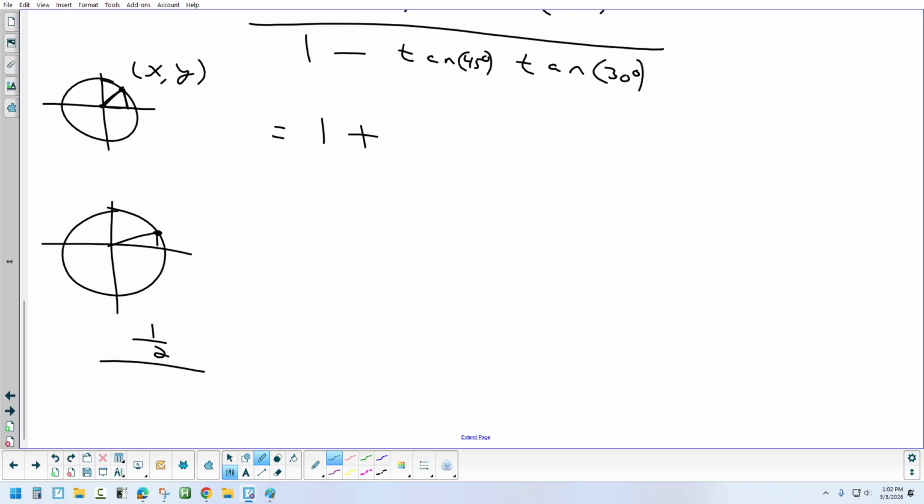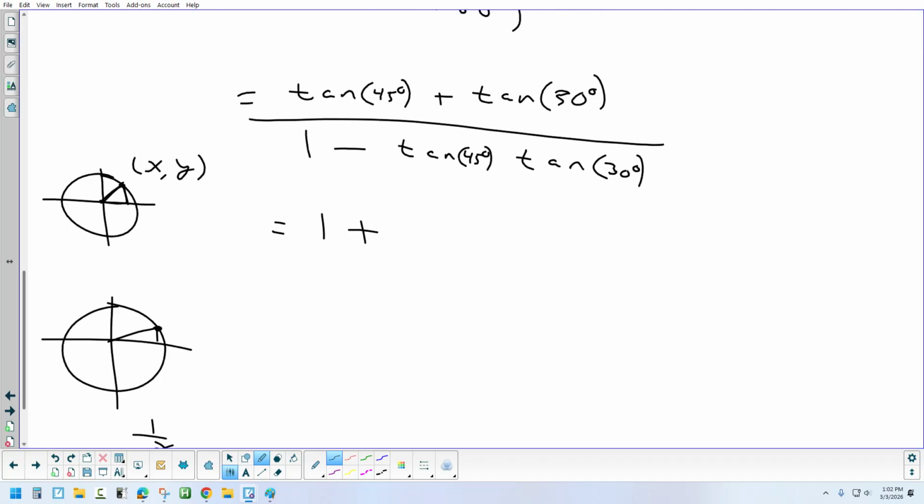So the 2's cancel. And when you fix that, you're left with root 3 over 3. That's the tangent of 30.